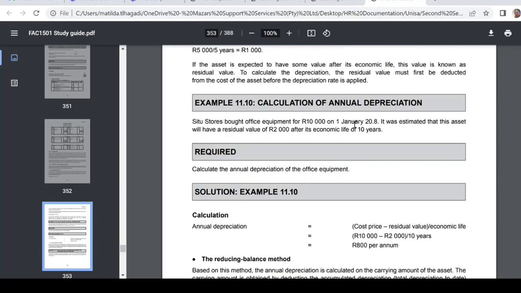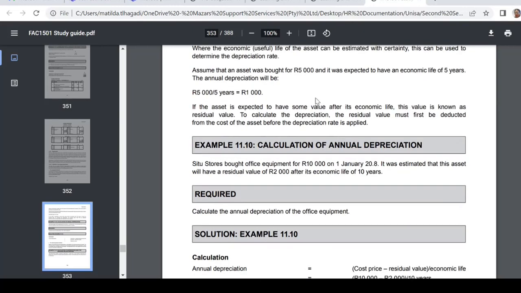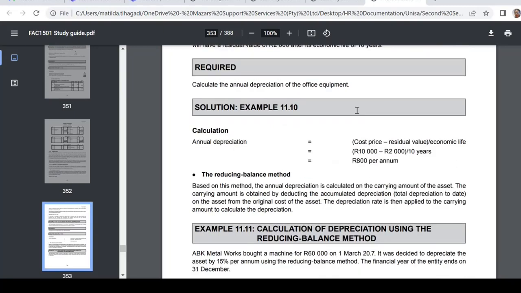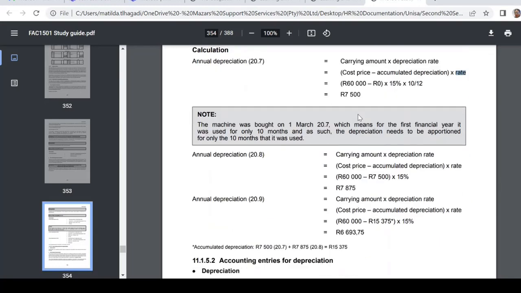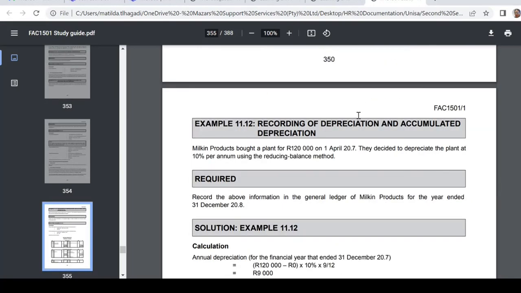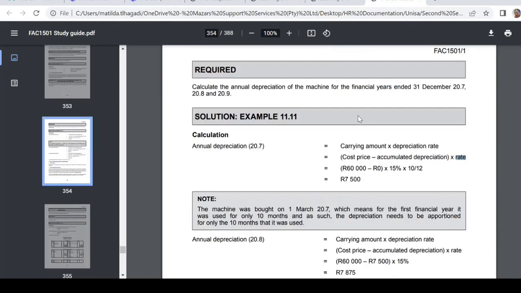This is just an example, and they're adding it to this example, but the straight line is just cost price times rate. But if an example has a residual value, then you need to take it into consideration. And the reducing balance method is cost price minus accumulated depreciation multiplied by rate.